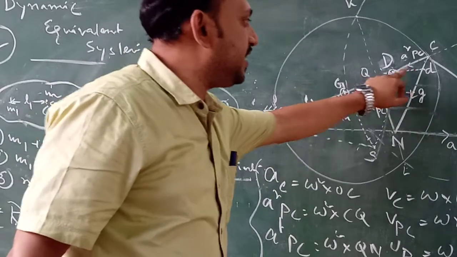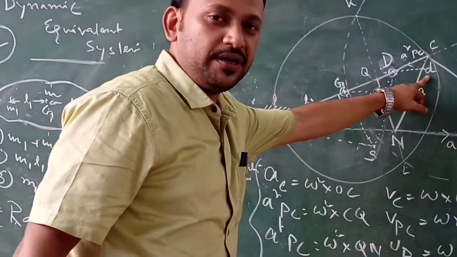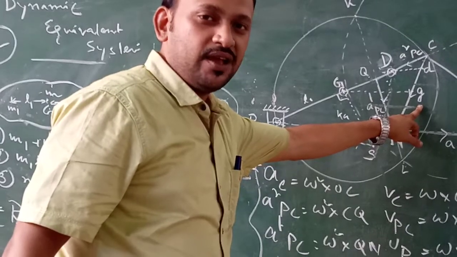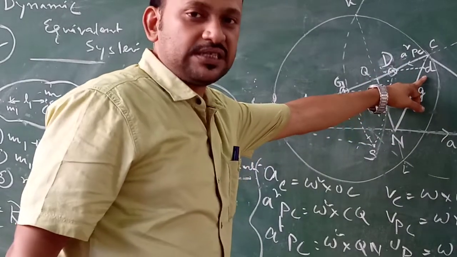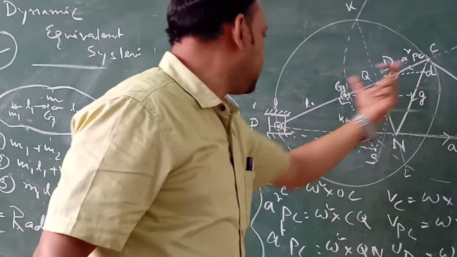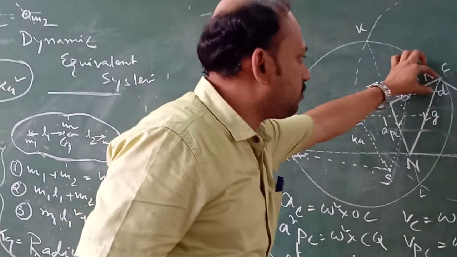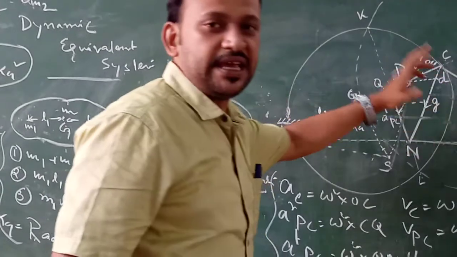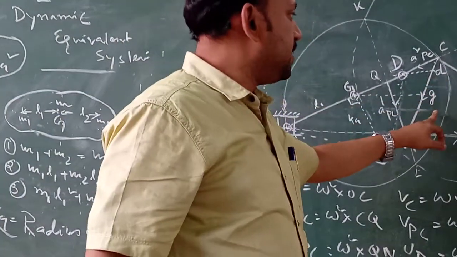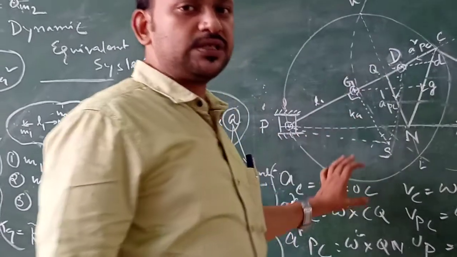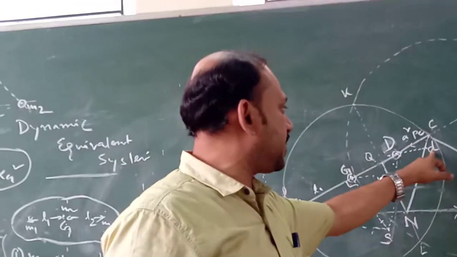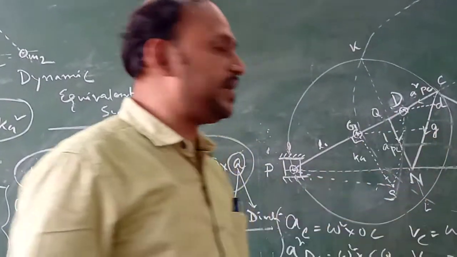So capital D is represented by small point d, and capital G is represented by small point g. We can also represent this analytically by using the relation DC divided by PC equal to dc divided by Cn. We can also use this relation to find the position of D and G, but we have used one simple vectorial approach. That means by drawing two parallel lines, we can get the positions of D and G.